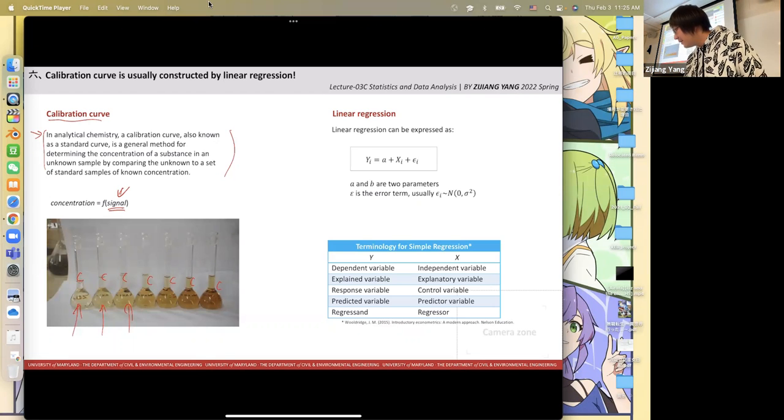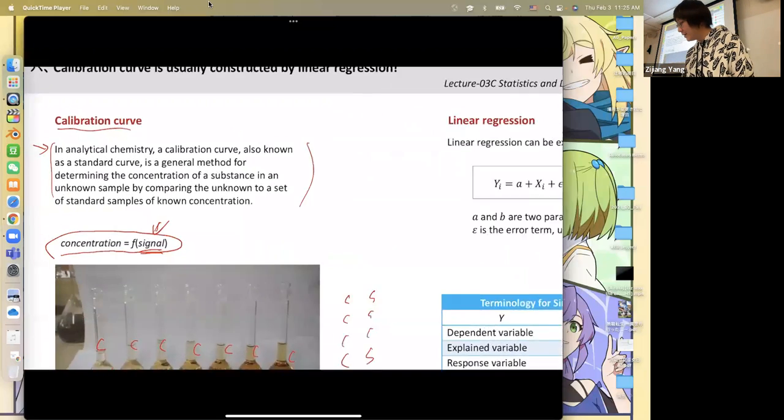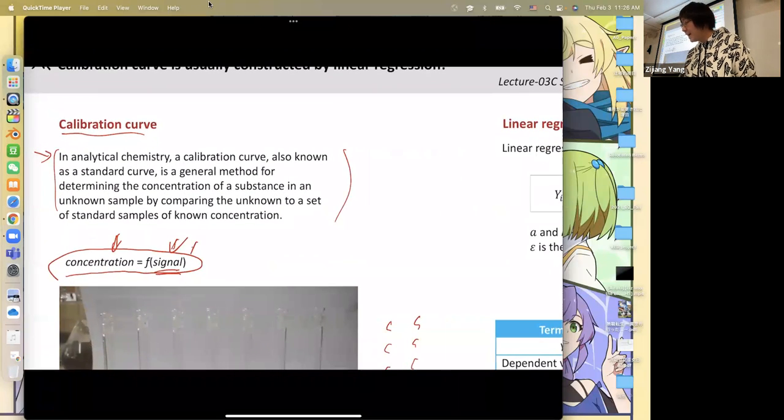So basically, we have sets of concentrations, and we also have sets of signals. We can construct the function or the relation between concentration and signal based on the concentrations that we know and the signals that we know.